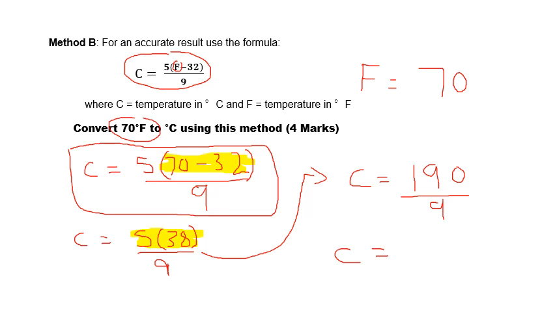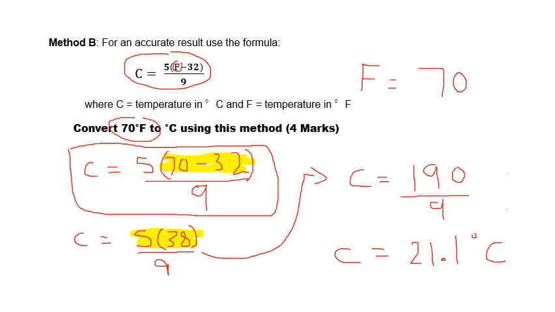In formula it looks a bit like a lopsided fraction, we've got a number over another number, but it's a big number over a smaller number. Even though it looks like a fraction, the calculation this is telling us to do in formula is divide, and we always divide the top number by the bottom number. So it's 190 divided by 9, which gives us our final answer of 21.1 degrees Celsius.